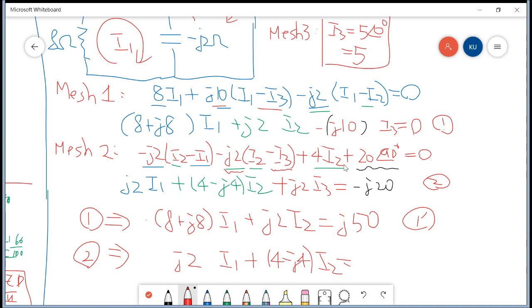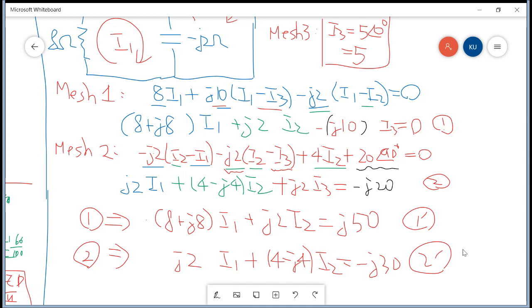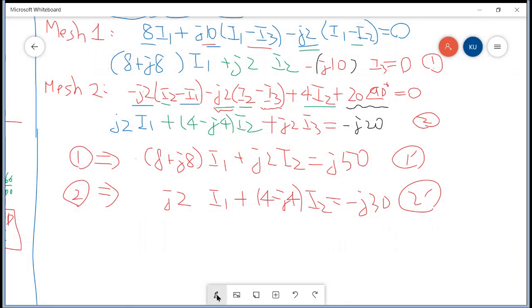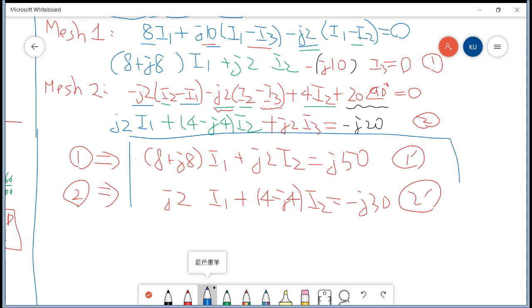So this one is 5, 5 times 2 is 10, so the right hand side is minus 10J and minus 20J, so totally minus J30. So this is the second equation. So now we come up with two equations with two unknowns.